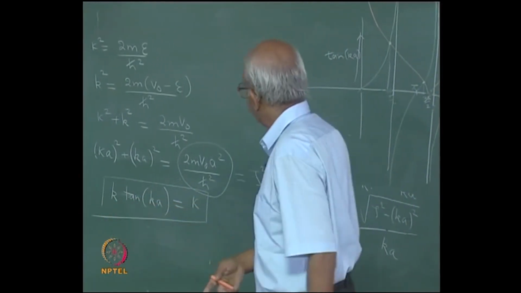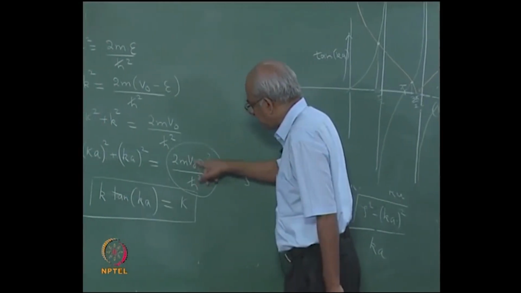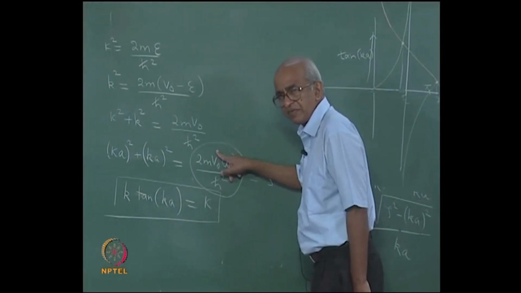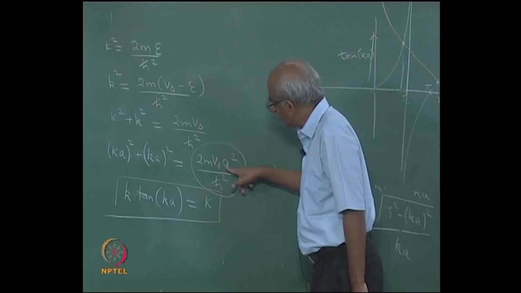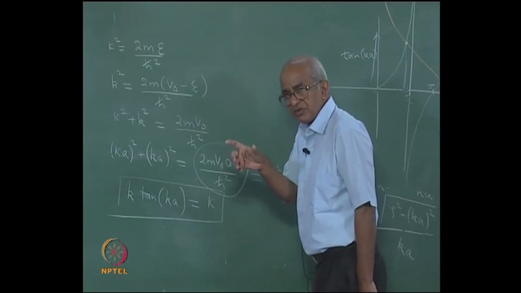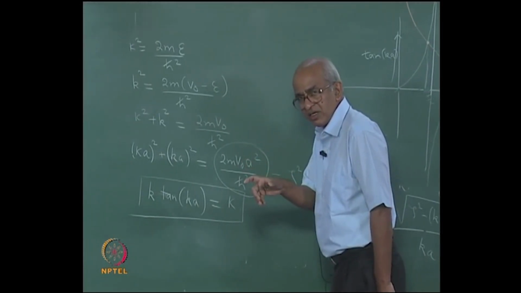Now, what will happen if I increase the value of zeta? How can I increase the value of zeta? That is very easy to see. You have V0, which is the depth of your potential well. You also have A, which is related to the width. 2A is actually the width of this potential well.